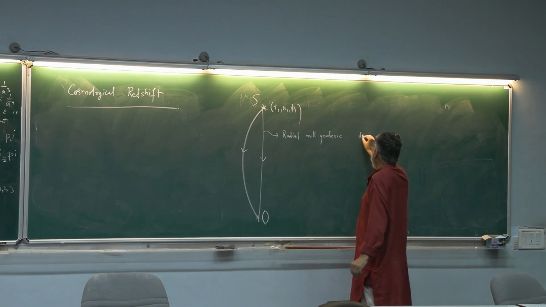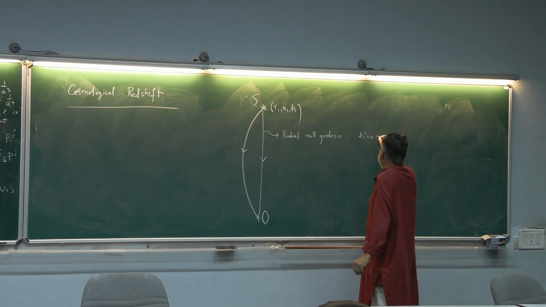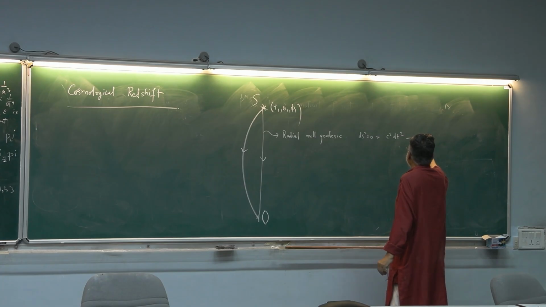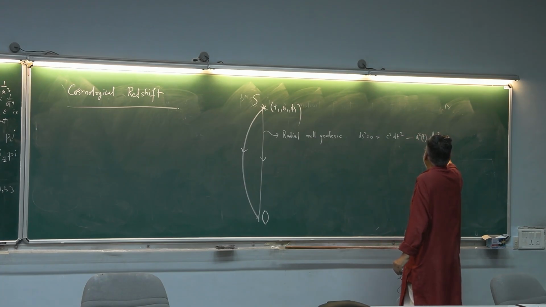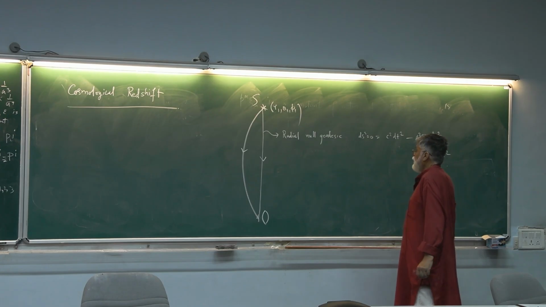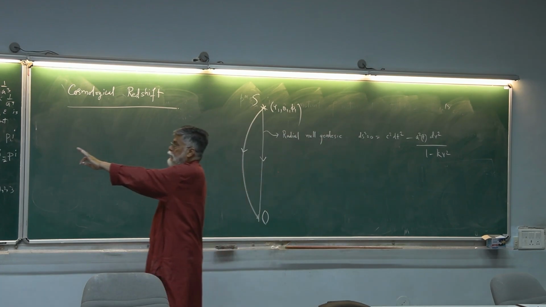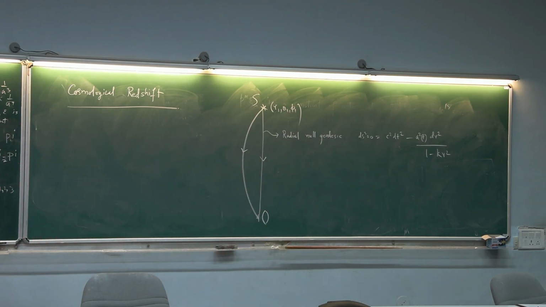So ds squared equal to 0 gives c squared dt squared minus a squared of t, dr squared divided by 1 minus kr squared, because for a radial null geodesic θ and φ are constant.